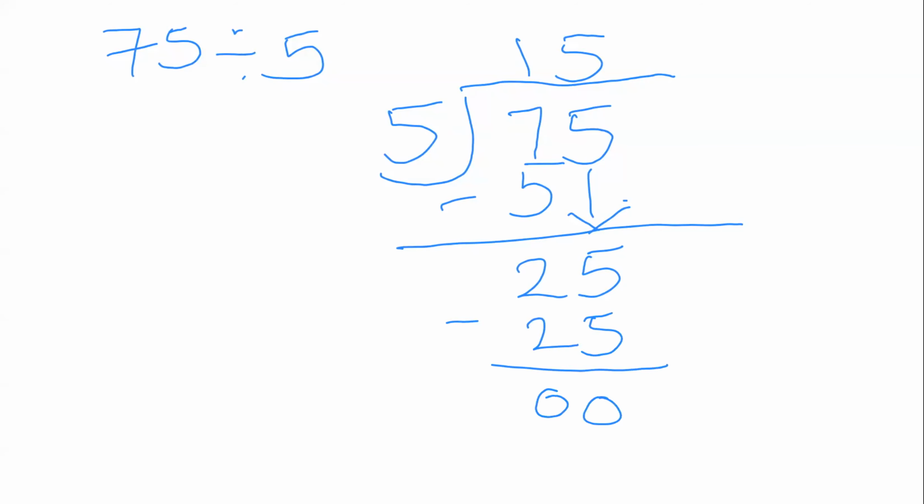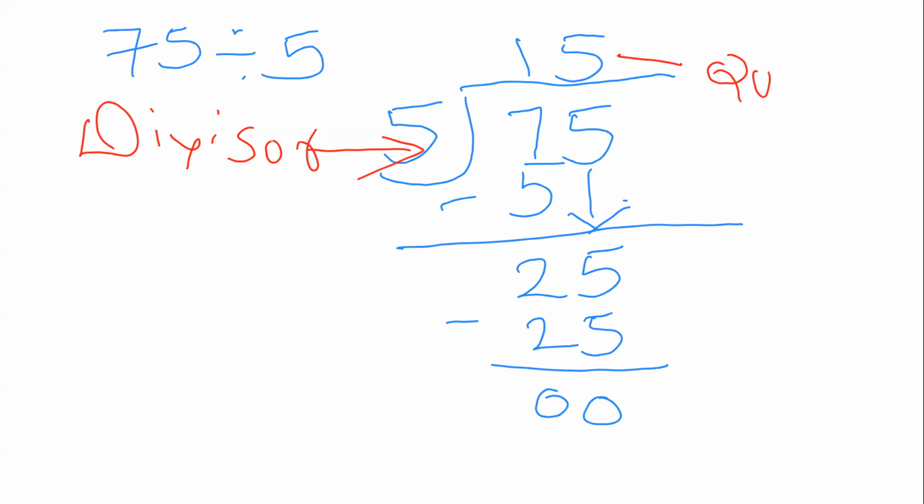Now in this, 5 is a divisor. 15 is the quotient. 75 is dividend.